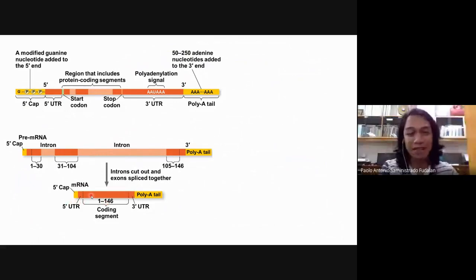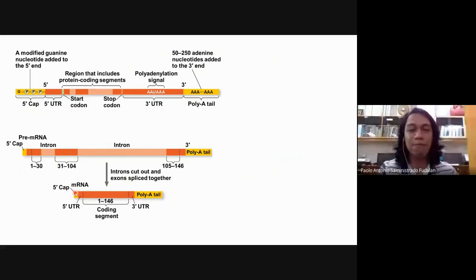Not only that, but in the 3' end, a poly A tail is also added. And in the 5' end, a 5' cap, a guanosine triphosphate, as you see here, is added. So that your final mRNA is a lot shorter, no introns, and then there's a poly A tail, and then there's a 5' cap.